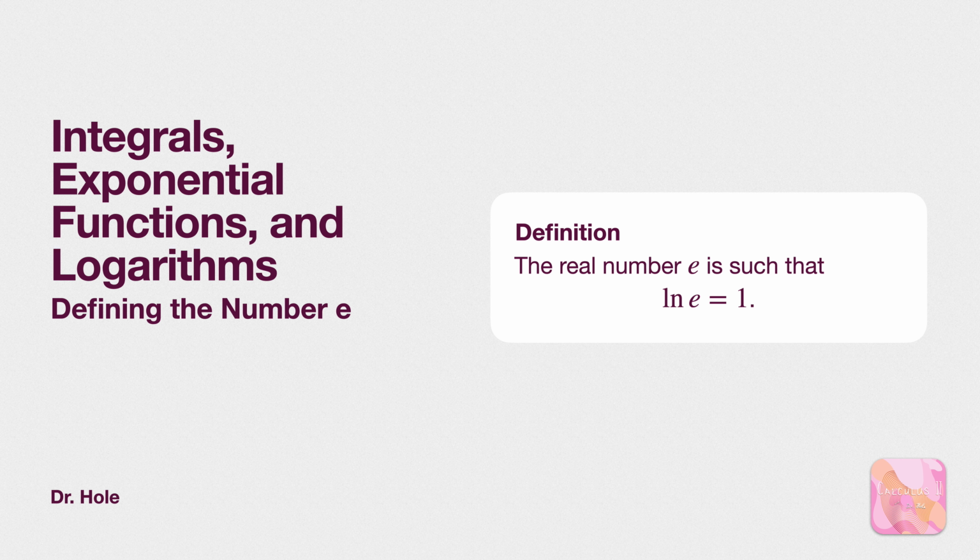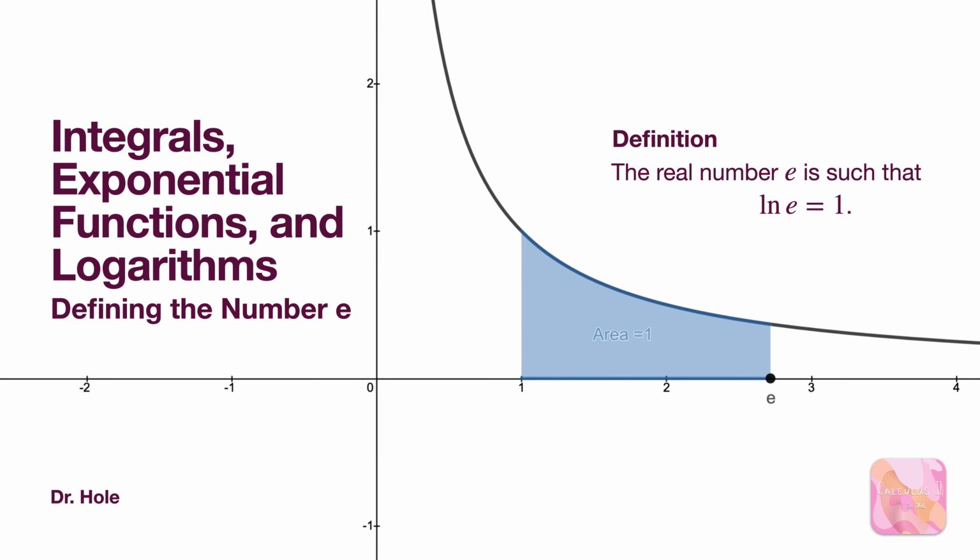And here we have a definition that this number, real number e, is the number such that when you give it to the natural log returns 1. Let's come back to our picture definition for the natural log. It's the integral from 1 up to x of the area carved out by the reciprocal function.